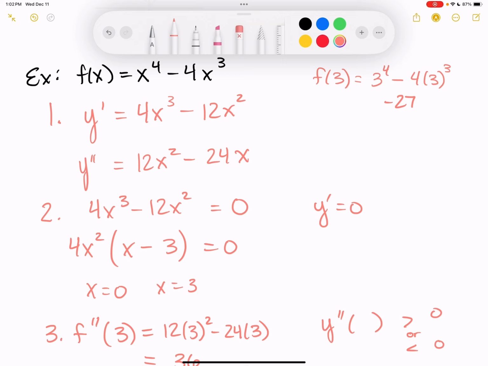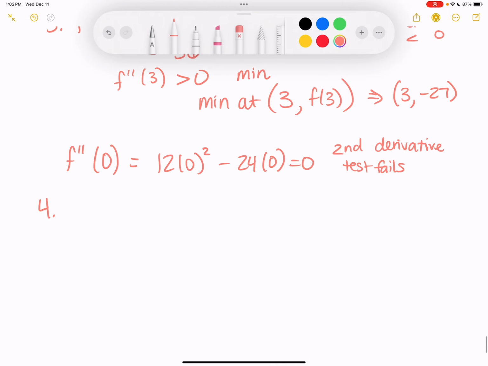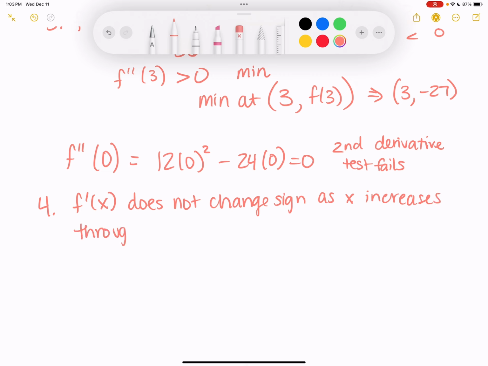And if I plug in positive 1, what do I get? -8. Both of these are negative, which was kind of like the example we had previously. So f prime of x does not change sign as x increases through 0. So 0 is neither a min nor a max.